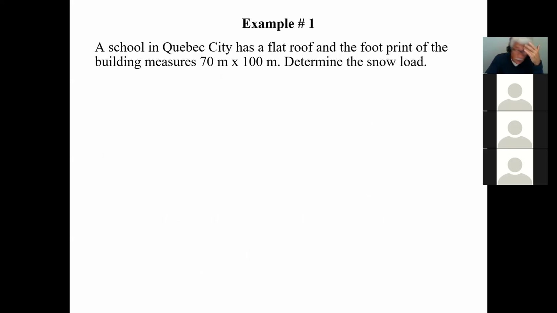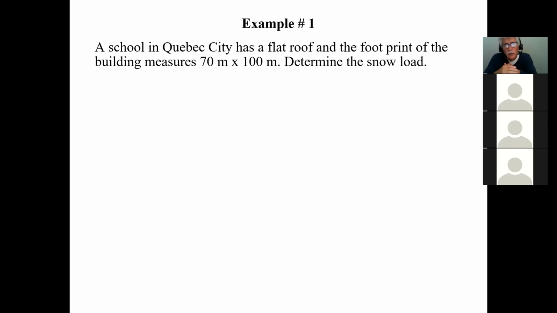So here, example number one: a school in Quebec City has a flat roof, which is nice, and the footprint perimeter of the building measures 70 meters by 100 meters. So this is a school.